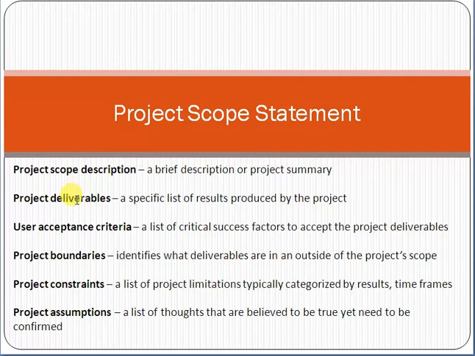Project deliverables means a specific list of results produced by the project. For example, it will provide a complete list of deliverables: when the testing will be completed, UAT, production deployment, production rollout, post-production support.